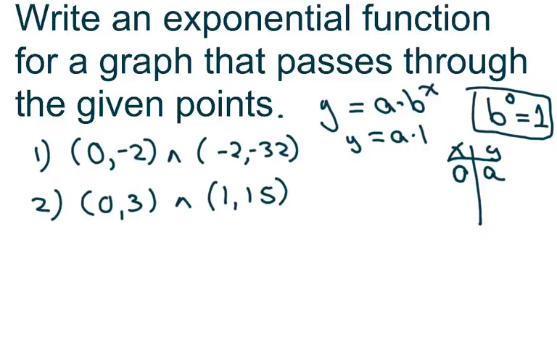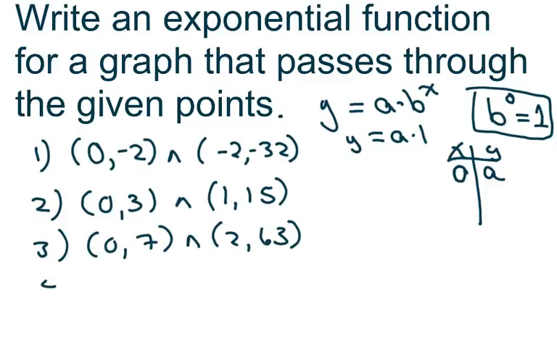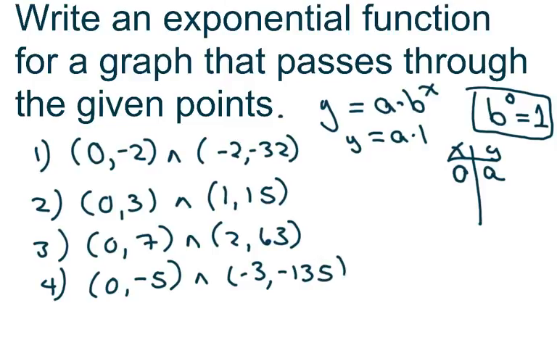The other 2 are (0, 7) and (2, 63). And the last one is going to be (0, -5) and (-3, -135). Okay, if you notice before we get started, the left side here, these are all your y-intercepts.